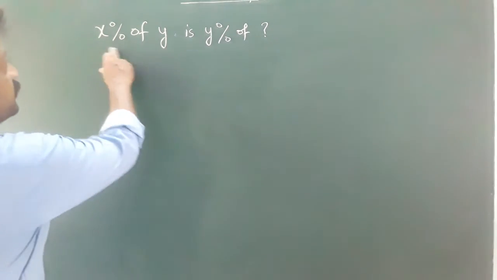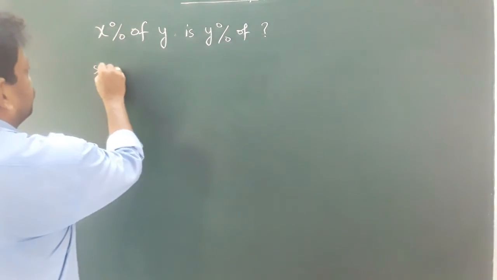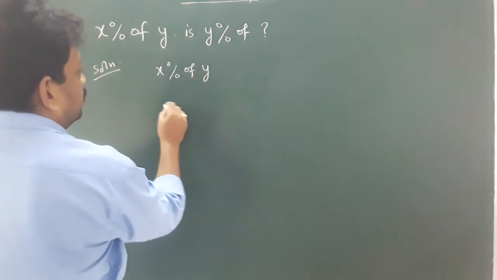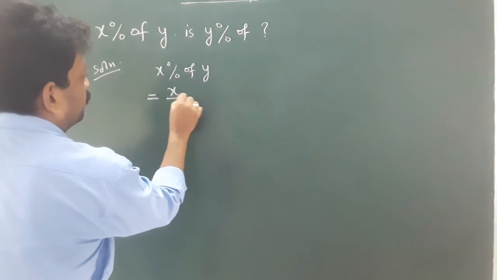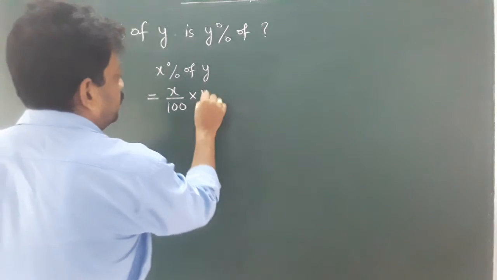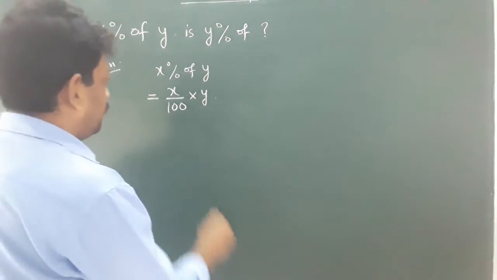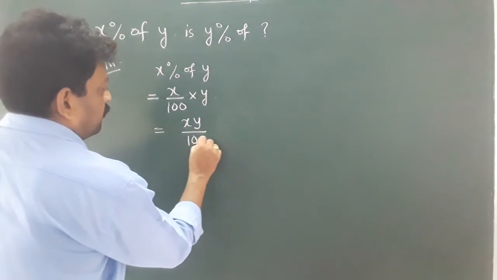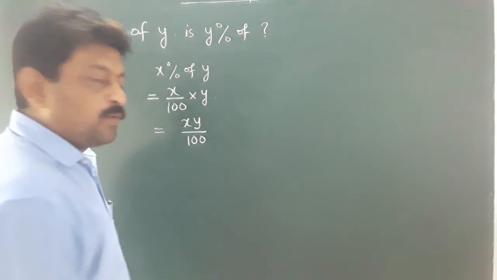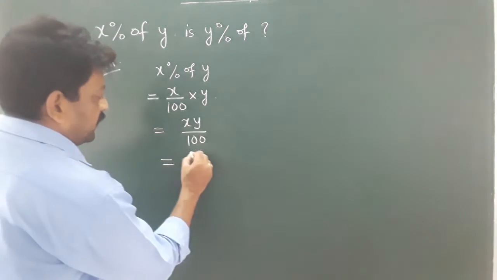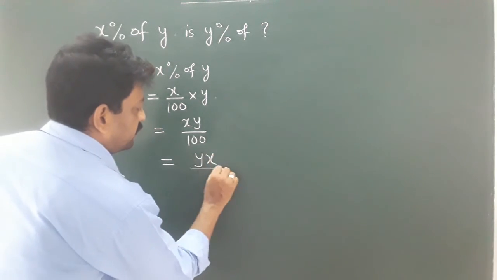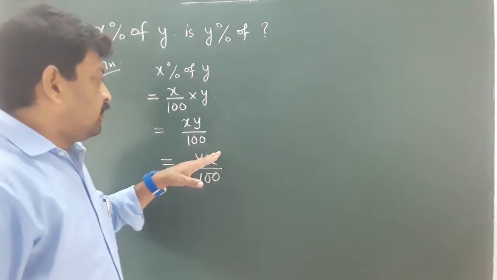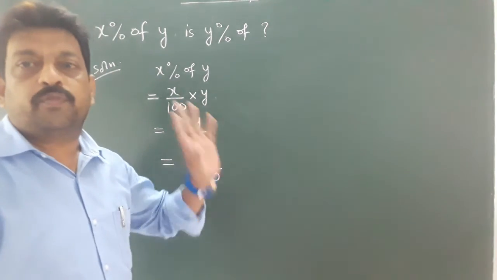Let me start with x% of y. So here x% of y is written as x upon 100 multiplied with y. Okay, so that can be written as xy upon 100, or I can also write this as yx upon 100, because you all know xy means product of x and y, and yx is also the product of x and y.